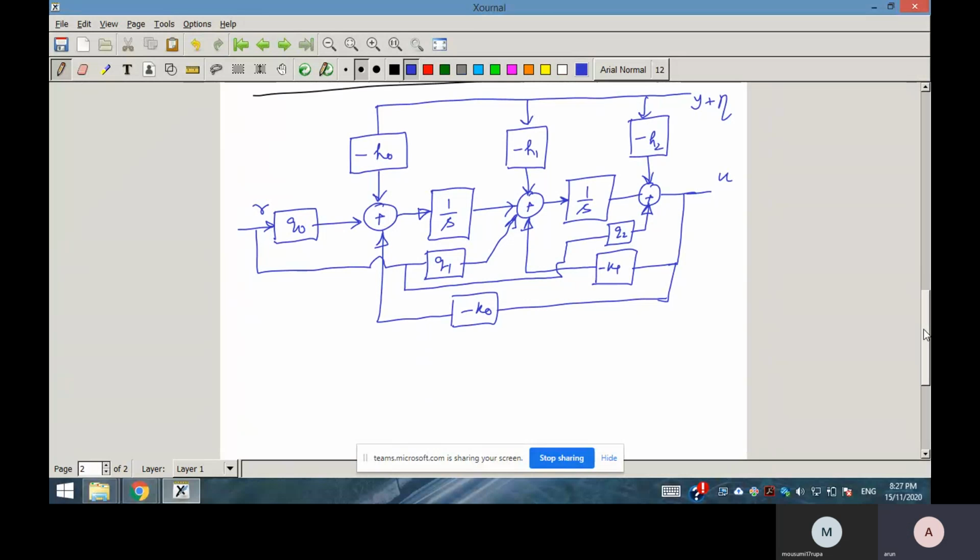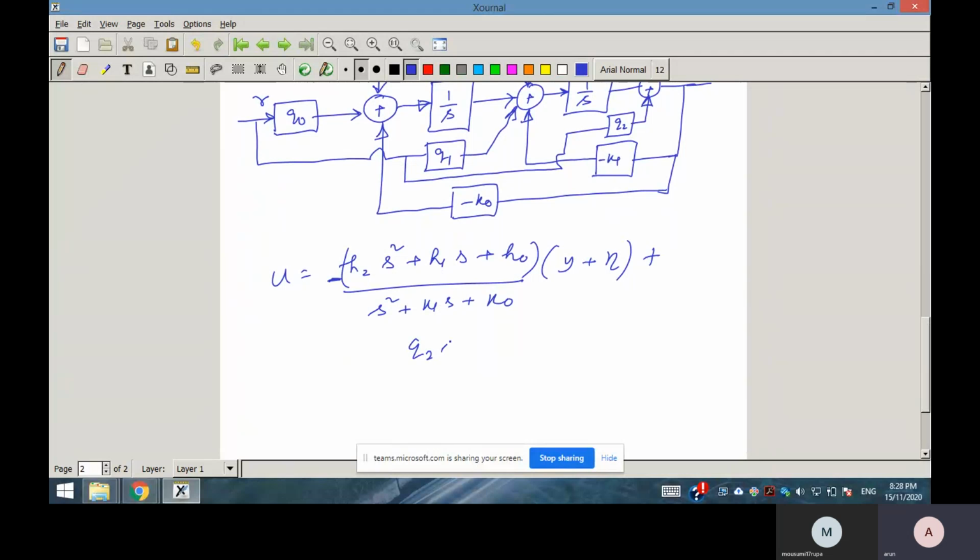This controller u will be equal to h2 s square plus h1 s plus h0 divided by s square plus k1 s plus k0, into y plus eta, plus q2 s square plus q1 s plus q0 divided by s square plus k1 s plus k0, into r. So please verify this.